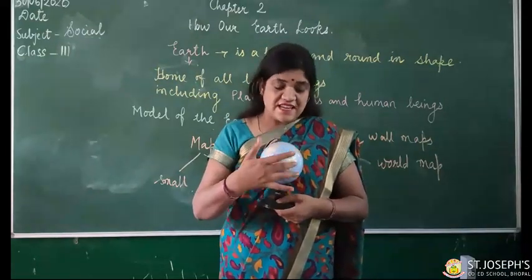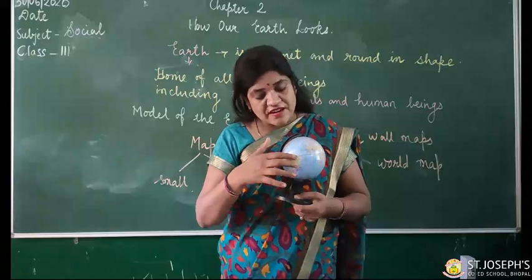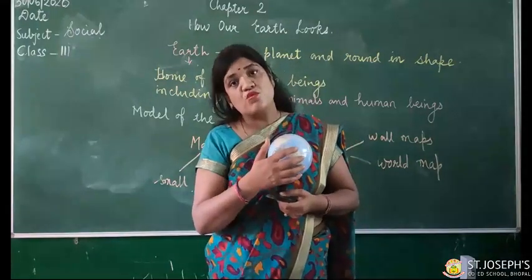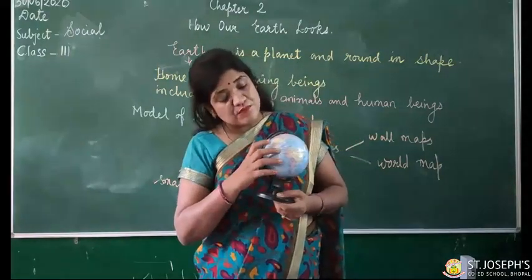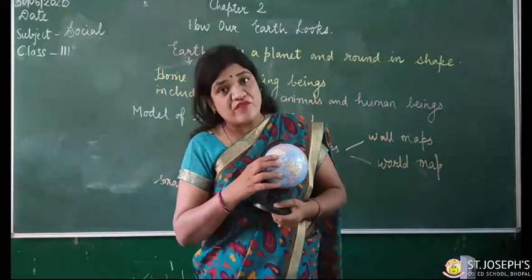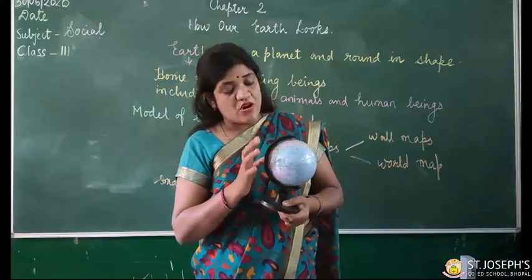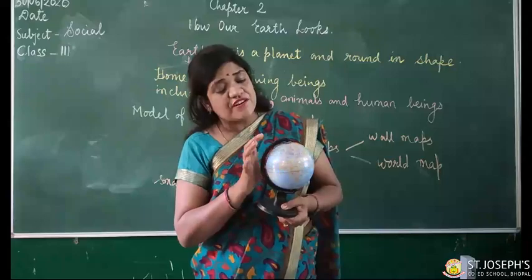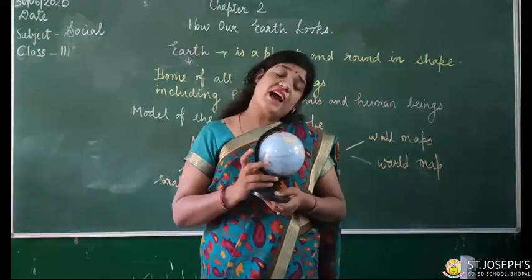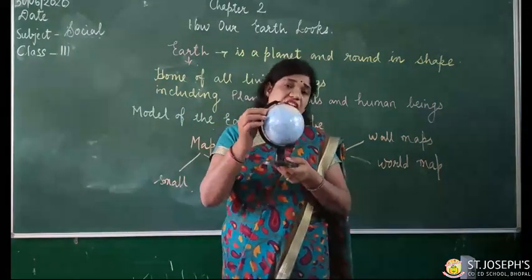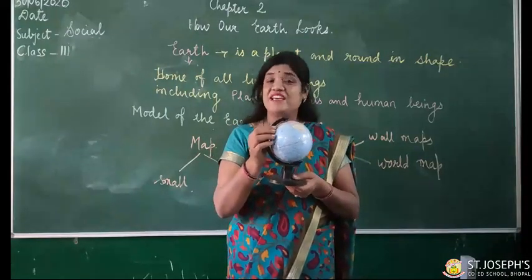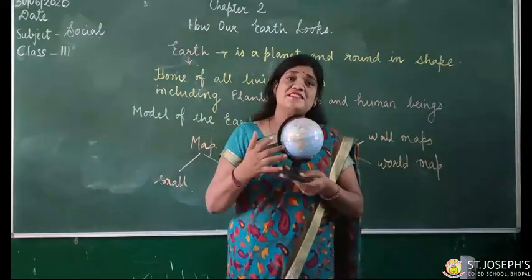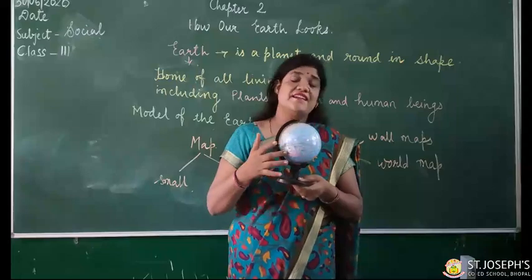And here you can see so many different colors. This blue color shows water bodies, then this brown one shows landforms, and green shows other areas. So can you see the whole Earth through this globe only? No, children, we have to rotate it again and again.